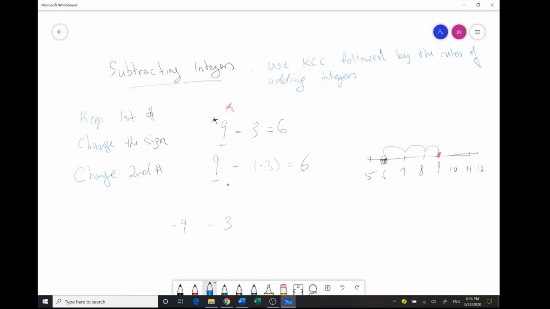Now I change the sign from negative to positive. And then I change the second number. Initially we started with a positive 3, but now I change it to a negative 3. And so that's what I mean by doing KCC.